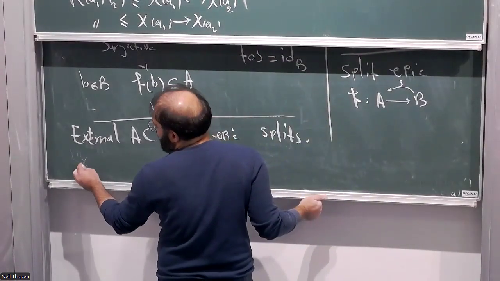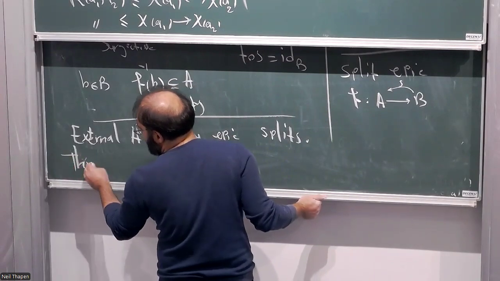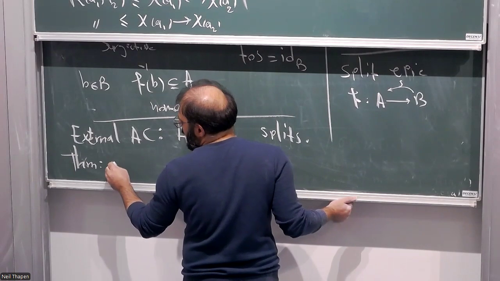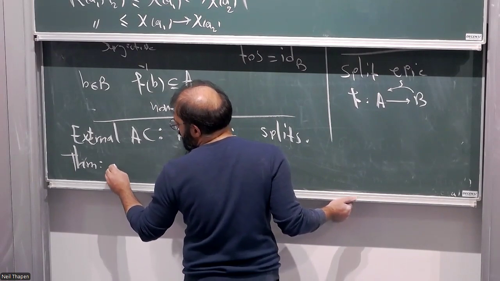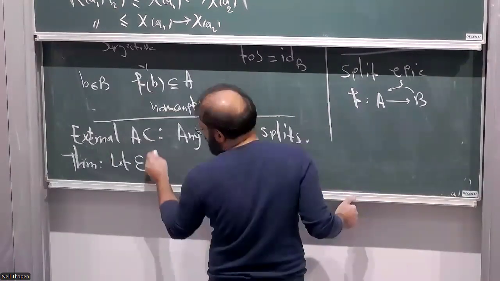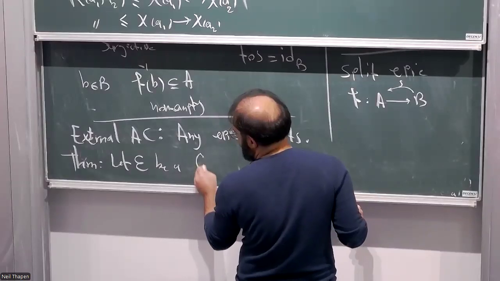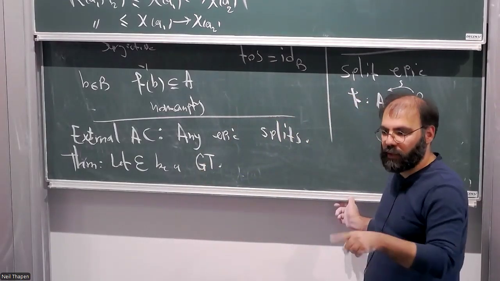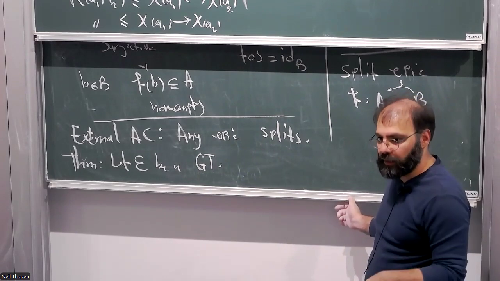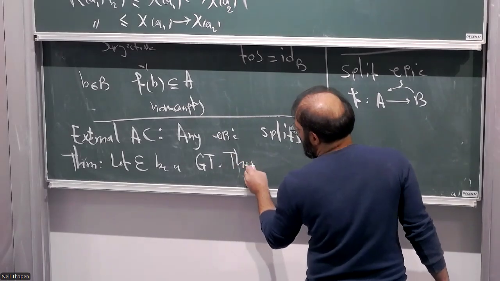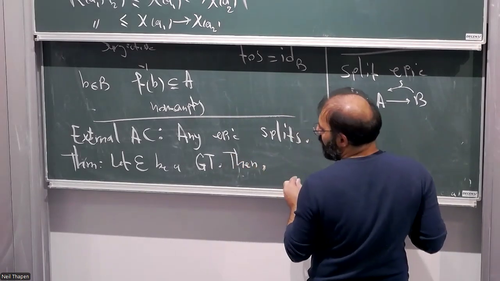So the theorem, not that obvious to prove, is the following. Let E be a Grothendieck topos, meaning that it is equivalent to sheaves on C and J for some C and J. Then the following are equivalent.